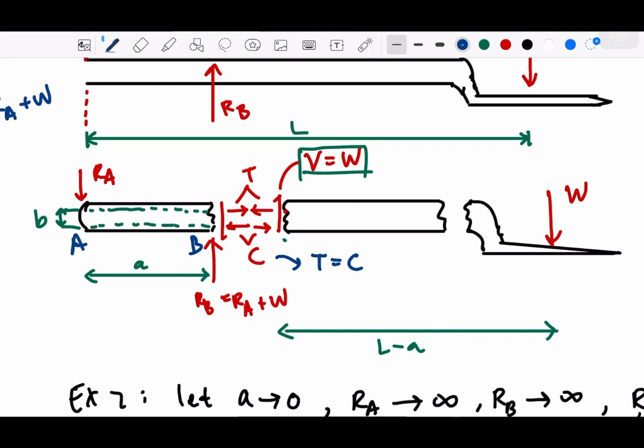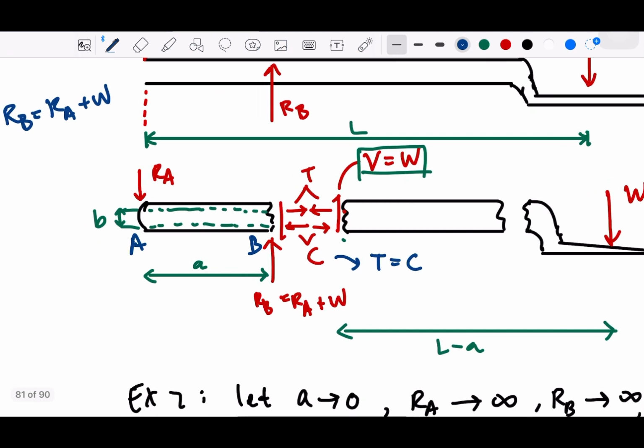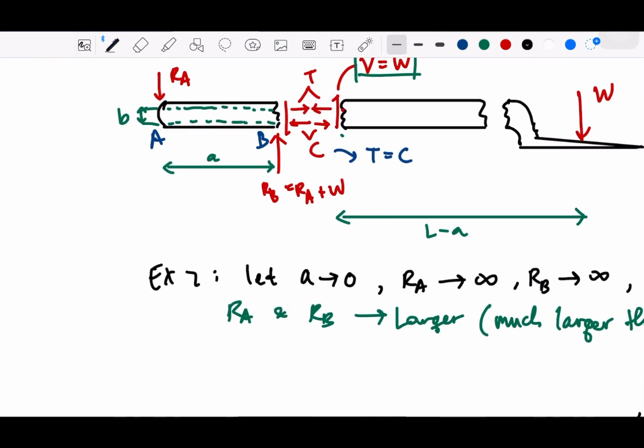So the cross section itself needs to have some couple applied. Let me write here.